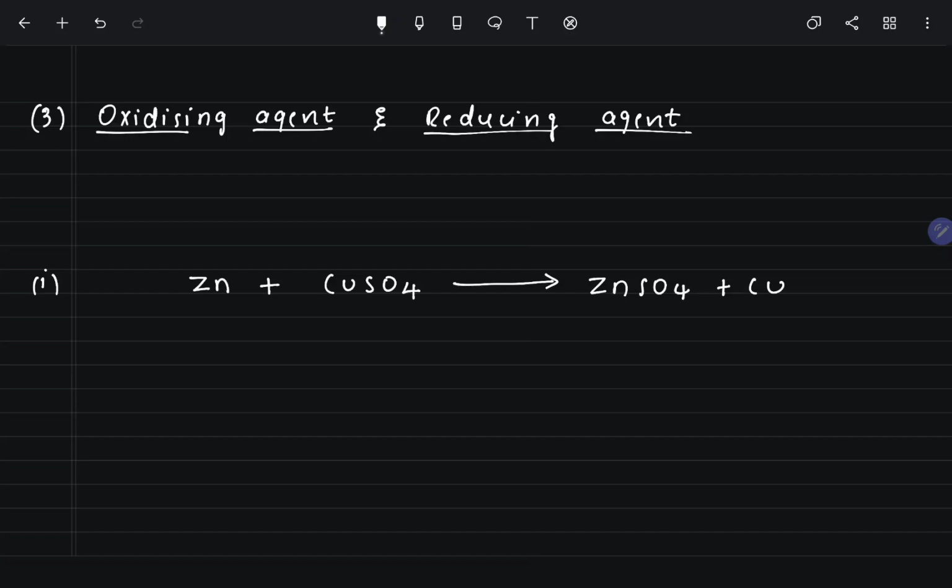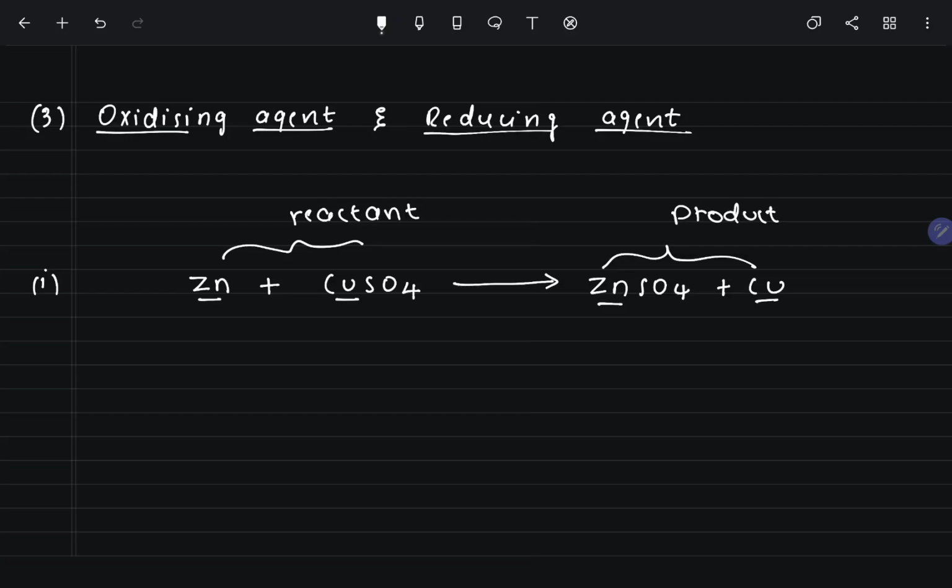So what is the oxidation state? Just now we had learned how to find the oxidation state. So you have to find oxidation state for this Cu, Zn, again Cu. So this we call it as reactant side, and this we call it as product side.